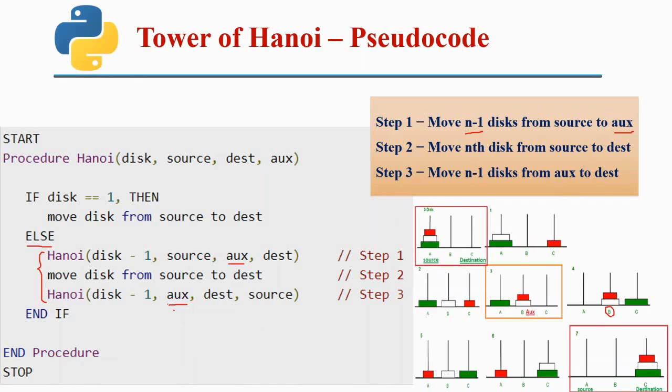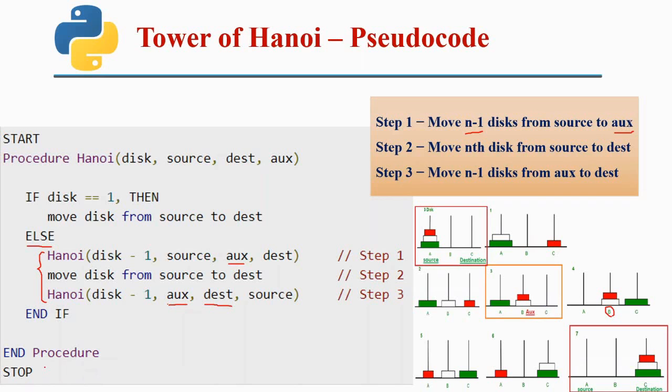So that is where my two discs are there. I am going to use that as a source and move it to the destination tower, and finally the source has to be mentioned at the last, which I am going to use for temporary move. At the end of this step 3, I would have moved all the discs to the destination tower. So finally I am ending the procedure and stopping the pseudocode.